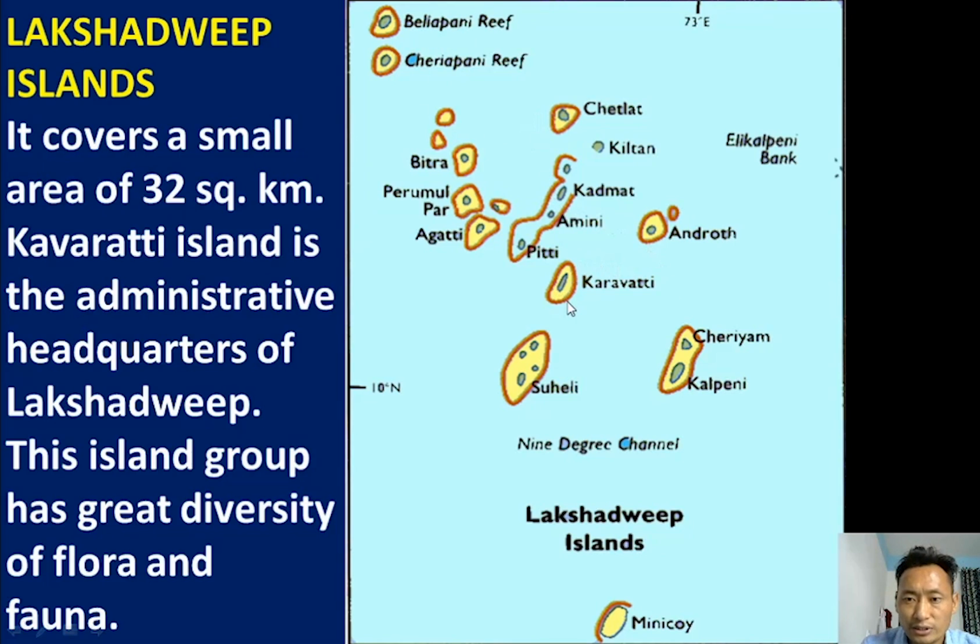One island is called Kavaratti. It has the administrative headquarters of Lakshadweep Islands. This island group has great diversity in terms of both flora and fauna, both plants and animals. So in these islands, we have many plants and animals.